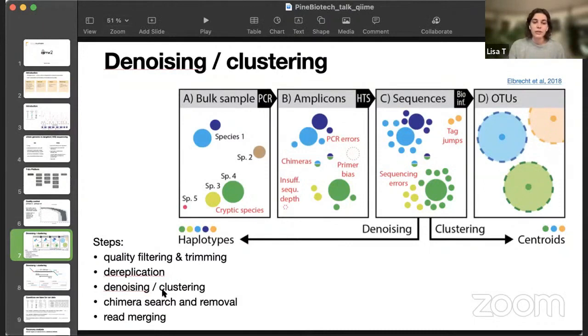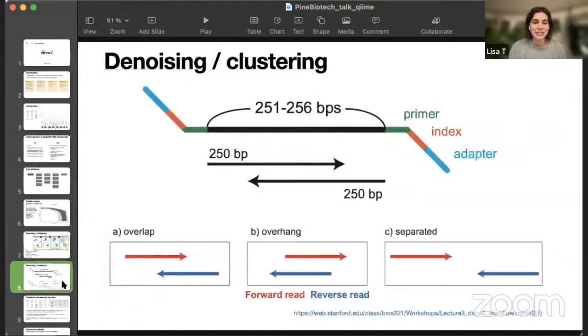So after denoising or clustering, for paired end reads, there is also an option to merge, well, not an option, it's an obligatory step to merge the reads. Since even for targeted sequencing, we can pick different regions, and the size of region may vary, and sometimes the reads are separated like this.